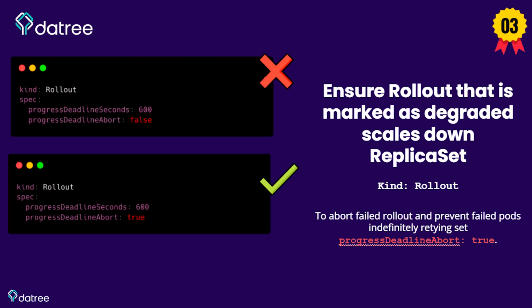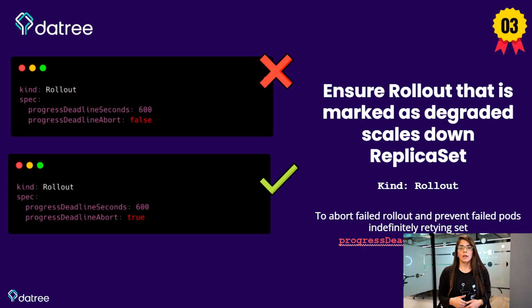This best practice is to make sure that all rollouts that are marked as deprecated will also scale down their old replica sets. You see, the thing is that every rollout by default has 10 minutes to make progress during an update. If it fails to do so, then the rollout will be considered failed.